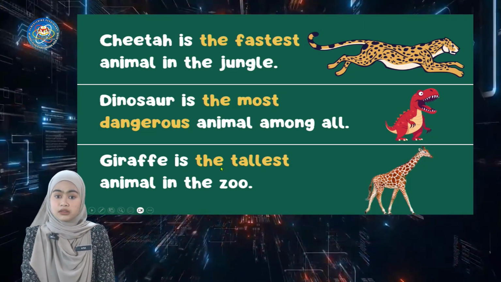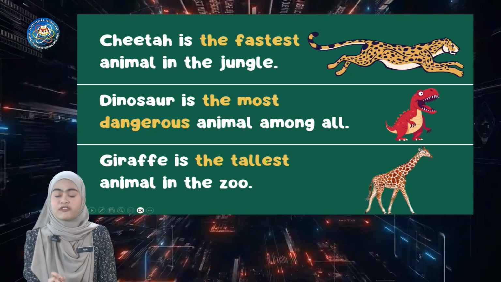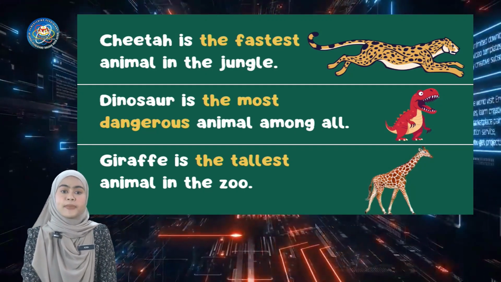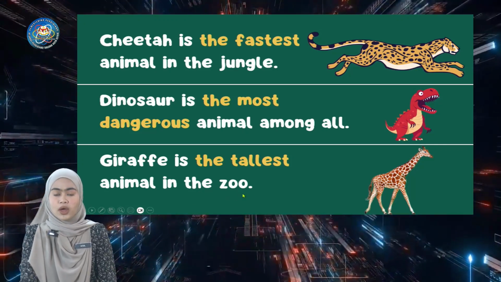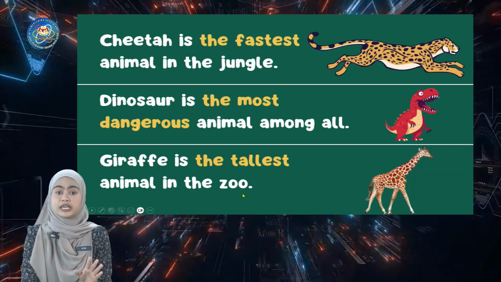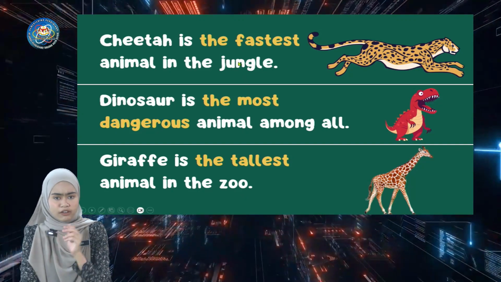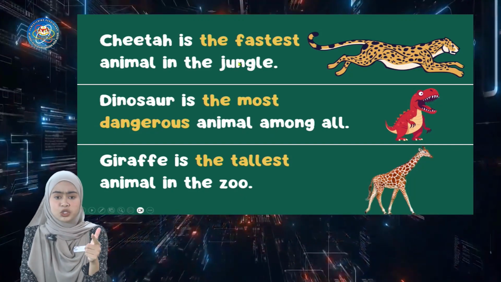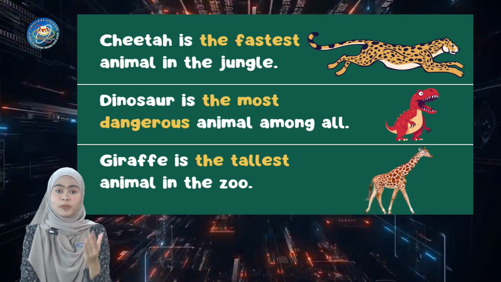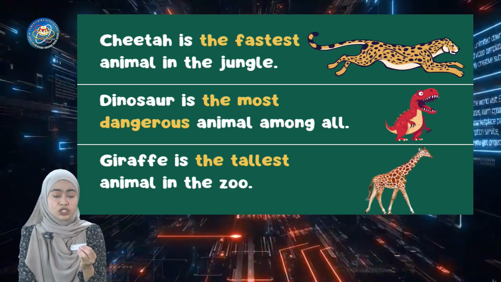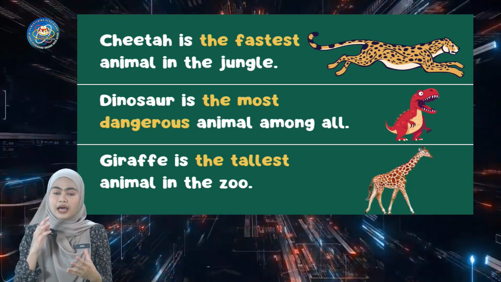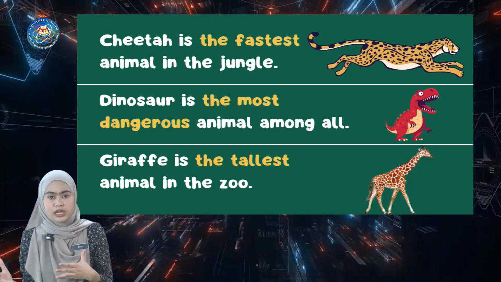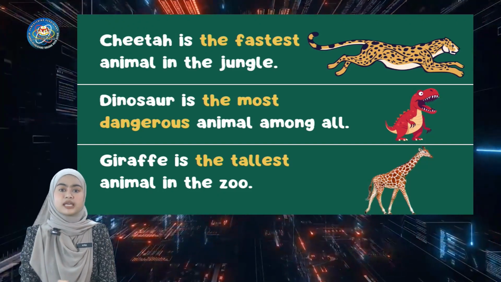The tallest is the superlative adjective used to compare the giraffe and the other animals in the zoo. So, based on the examples in the slide, the fastest, the most dangerous, the tallest are superlative adjectives used to compare one noun with the other nouns, which is more than two, in the sentence.